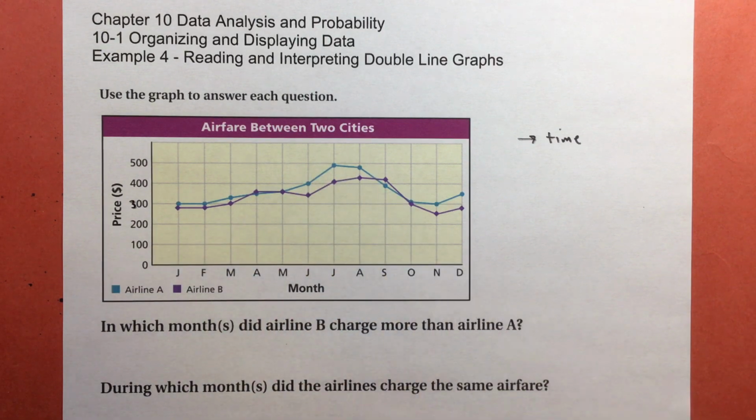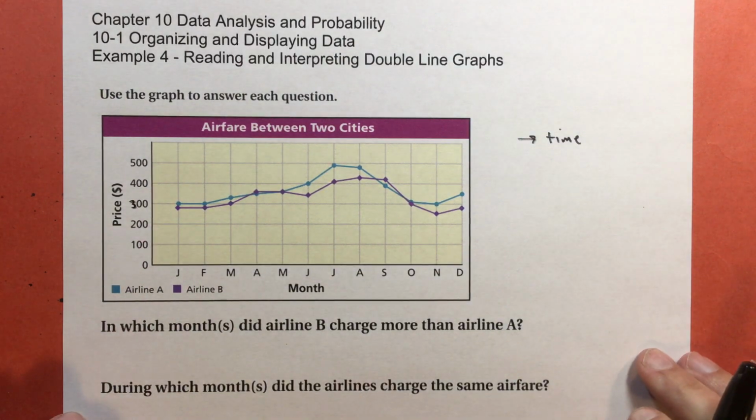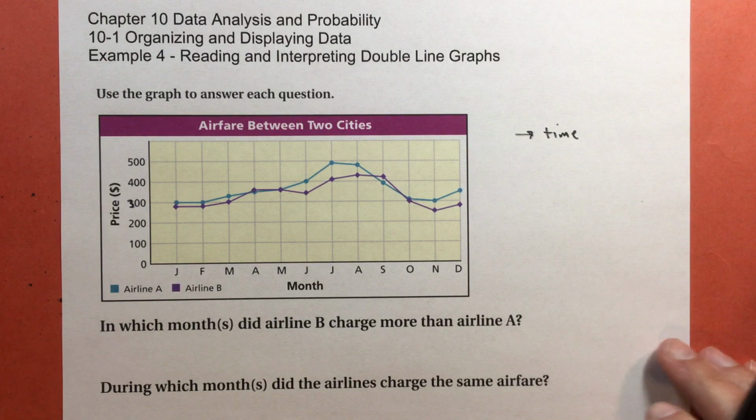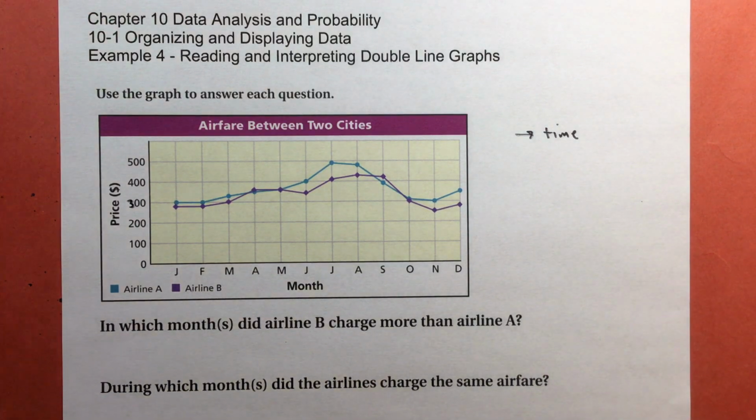You can look for patterns over time, and if you're going to buy an airplane ticket in a couple of months, you can make a prediction about which one is going to be the cheapest. And fortunately, there are a lot of websites that do that for you. So we're trying to give you the understanding of how this works.